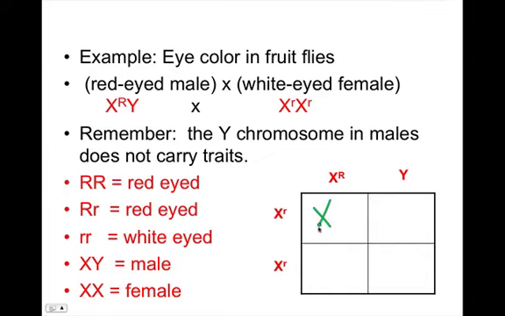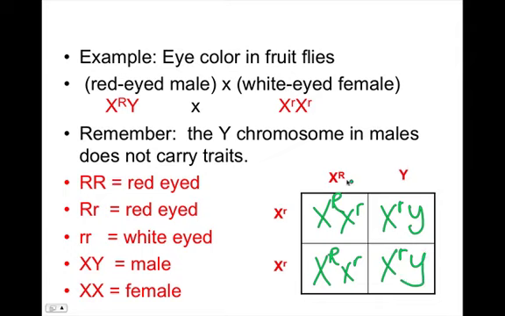So we have X capital R, X little r, X little r, Y, X capital R, X lowercase r, X little r, Y. So this is a female, red-eyed, female, red-eyed, male, white eyes, male, white eyes.